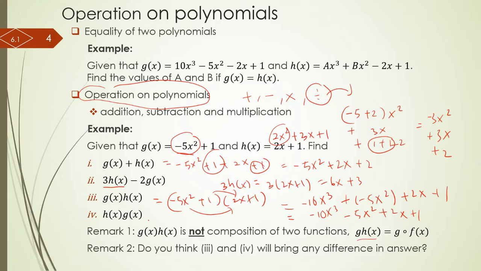Over here, this is a multiplication of two different polynomials. The question asks whether the order will bring any difference in the answer. The answer is no, because you just expand normally. Don't get confused with matrices: A multiplied by B is not equal to B multiplied by A. That is only valid for matrices.